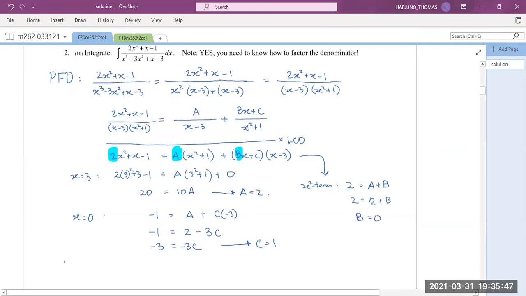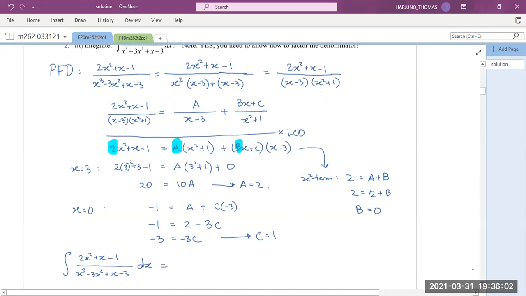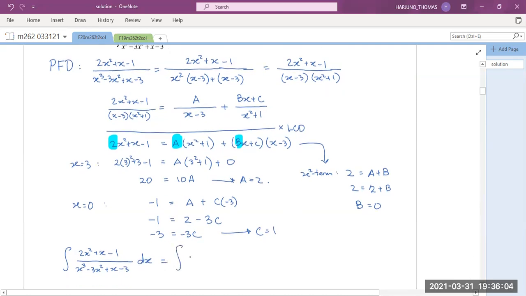In other words, the integral of 2x squared plus x minus 1 over x cubed minus 3x squared plus x minus 3 dx is now equal to the integral of 2 over x minus 3 plus 1 over x squared plus 1 dx, because the b is 0.